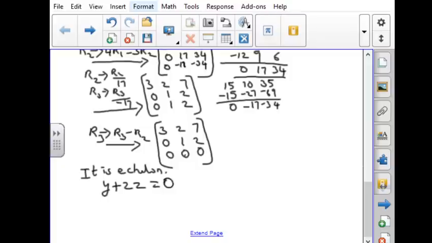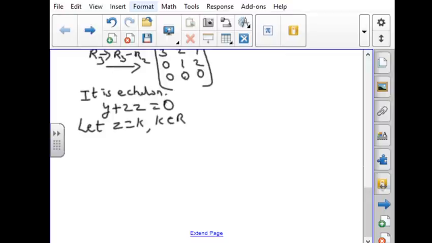Assume that z is equal to k, where k belongs to R, the set of real numbers.